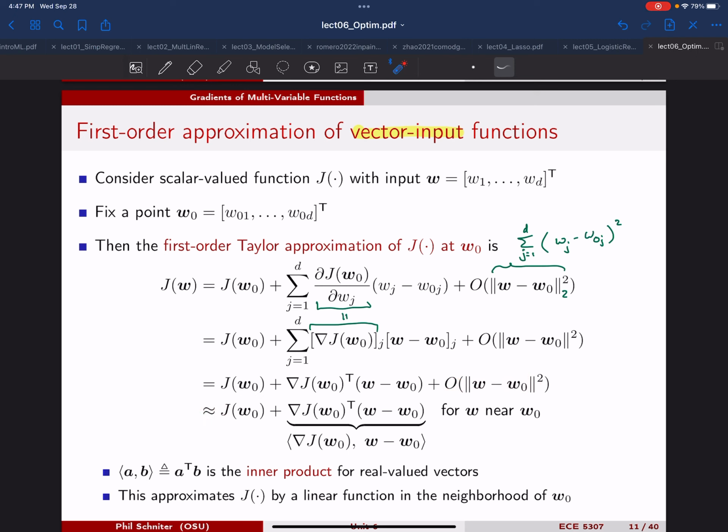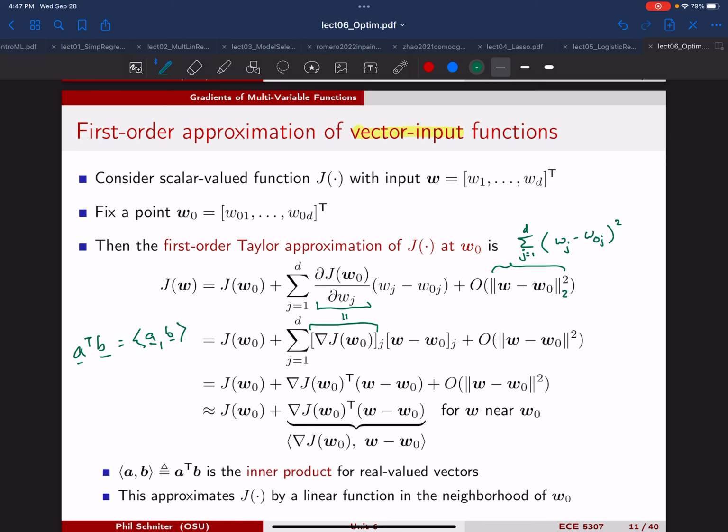And then for interpretability, there's one more step we can take, which is to recognize that, you might remember this from your basic linear algebra, that when you have just like A transpose B, let's say for vector A, vector B, this is what they call the inner product between those two vectors, at least in the case that we're talking about real valued vectors.